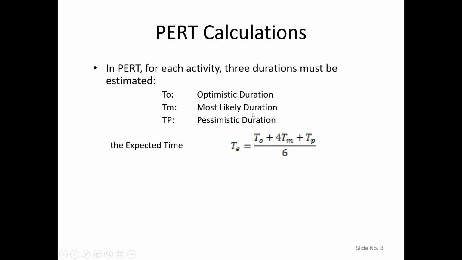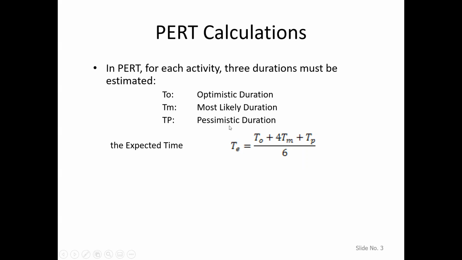Most likely duration will be that duration in which, if I perform this activity say 10 times, maybe 9 times I may be able to complete this activity in that amount of time. So that will be the most likely time.